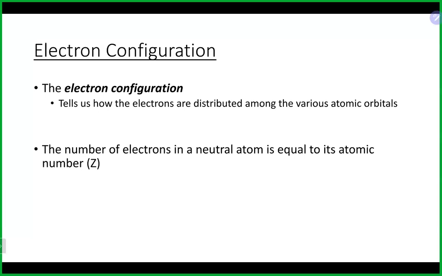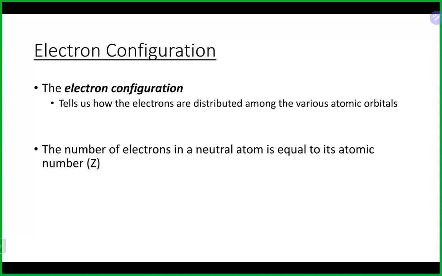Now, how do we know how many electrons somebody has? That's pretty straightforward as well, because if we look at the periodic table, the atomic number is the number of protons, and if the atom is neutral, it will have an equal number of electrons. So if it doesn't have a charge, it's neutral. However many protons it has should be how many electrons it has.